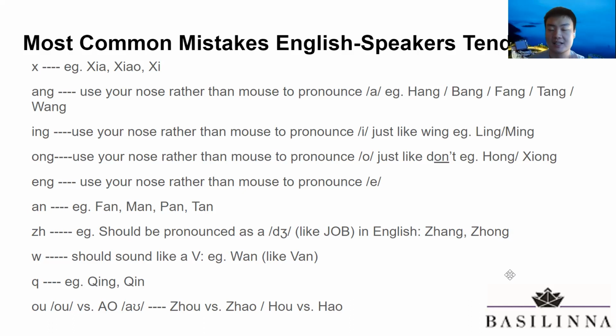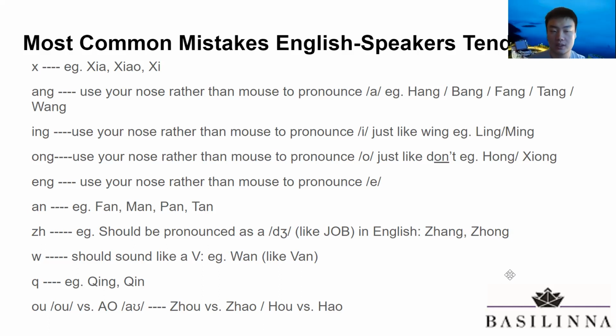So this sounds like the English word wing. So let's look at some examples. The first one, ling. Second one, ming. And every time I pronounce these, I would use the flat tone.